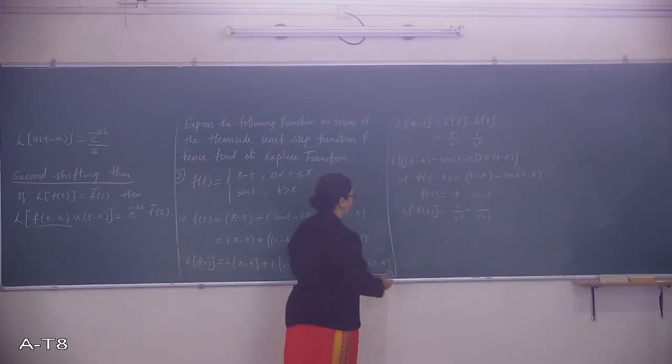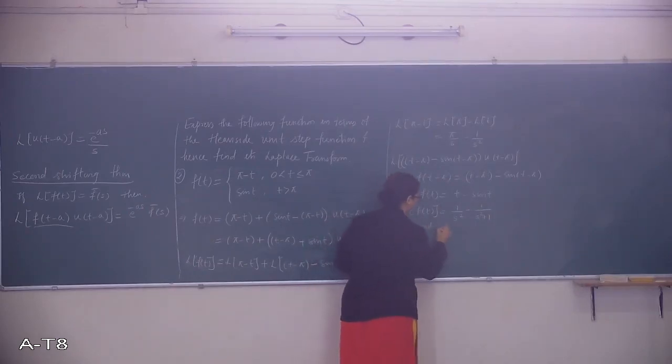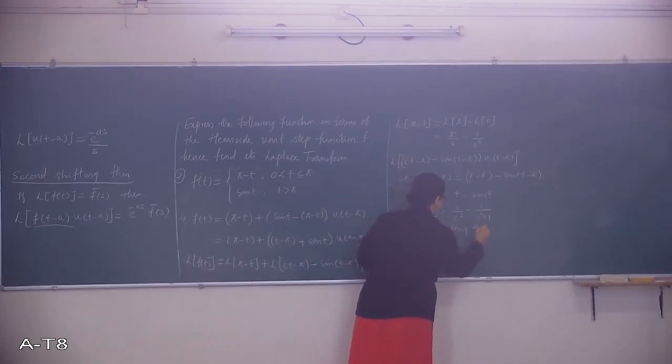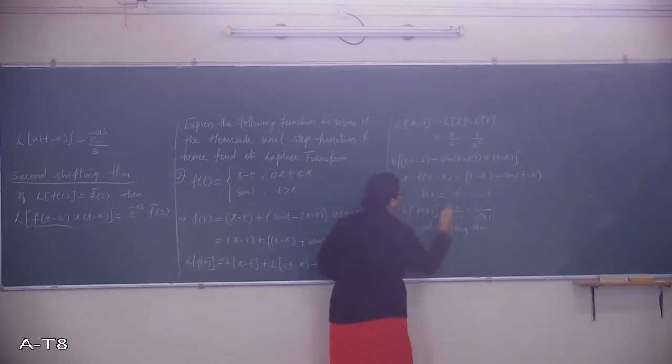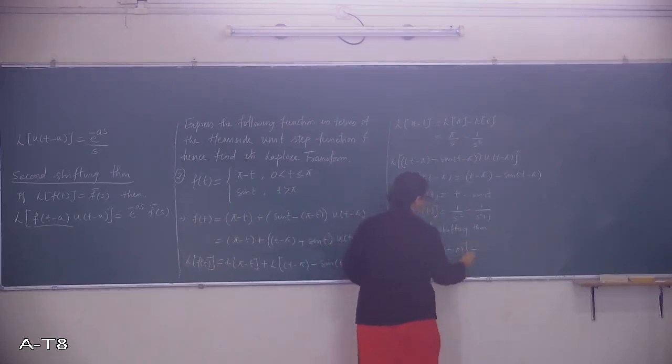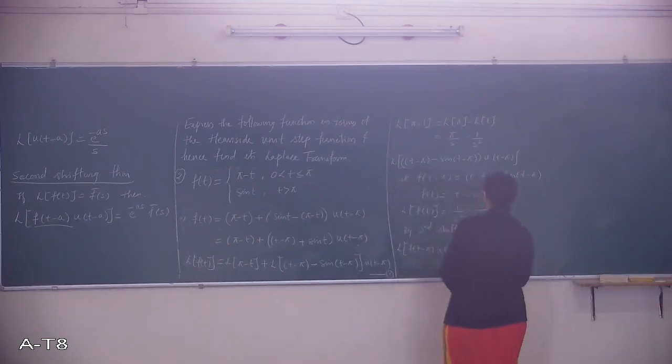Now we go for applying the second shifting property here. Therefore, by the second shifting theorem, the Laplace transform of f of t minus pi, which is this one, into u of t minus pi is equal to e to the power minus pi s, since the value of a is pi, into f bar of s.